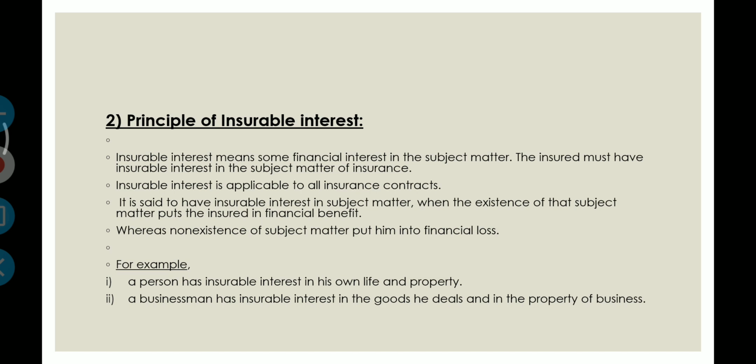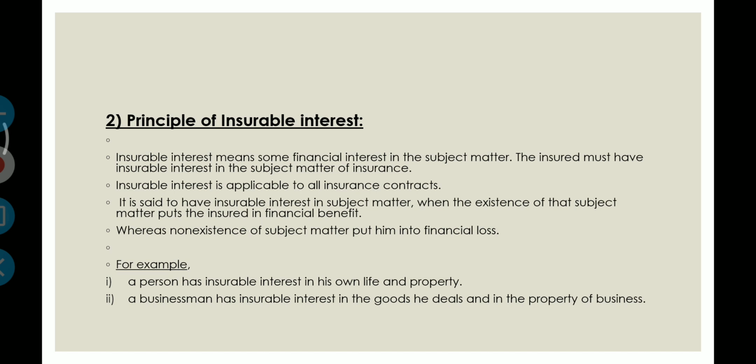so that is not applicable. You should have a direct connection and insurable interest in the property or the person you are taking insurance for. Example, a person has insurable interest in his own life and property. I have insurable interest in my life, I can take my life insurance. I have insurable interest in the health of my family, my daughter, my husband, my mother, my father.